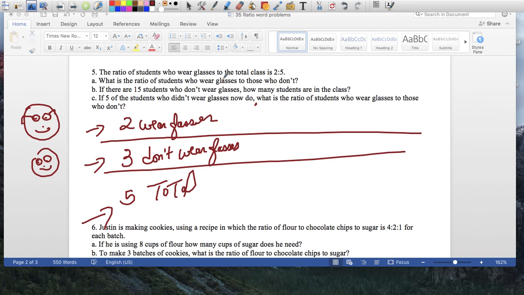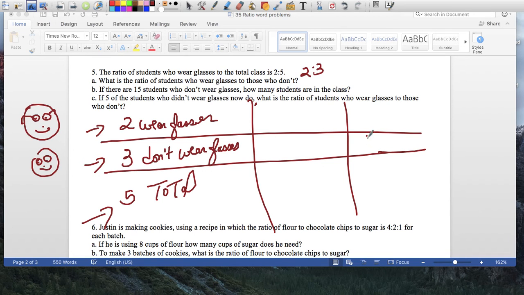What is the ratio of students who wear glasses to those who don't? So the ratio is 2. How many people wear glasses? 2. How many people don't wear glasses? 3.